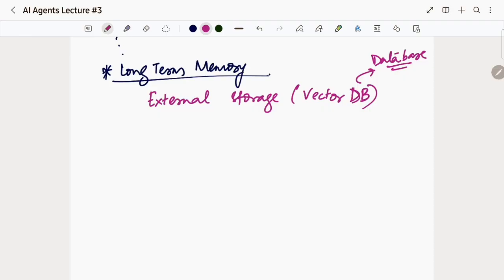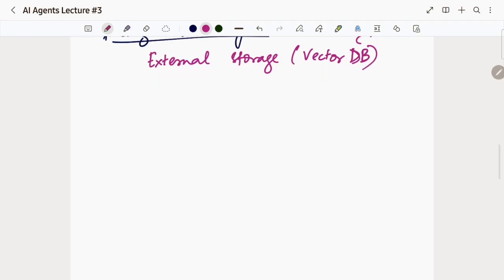And what does this external storage, this vector database, do for us?